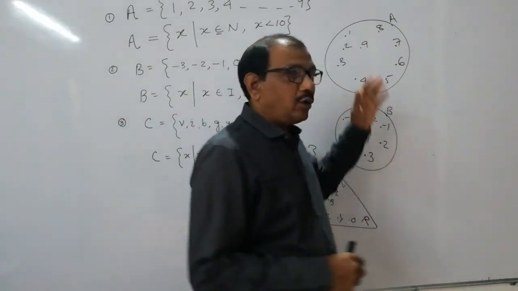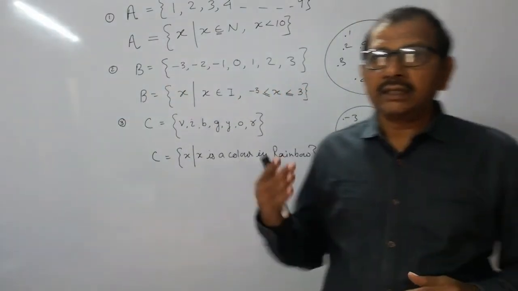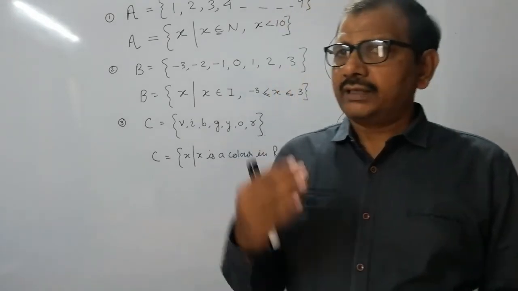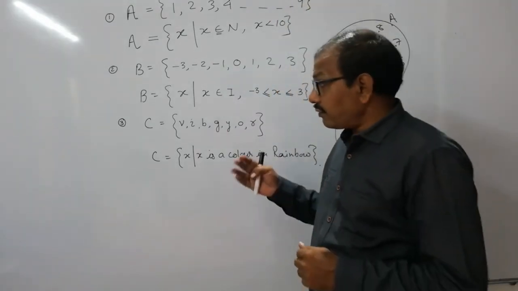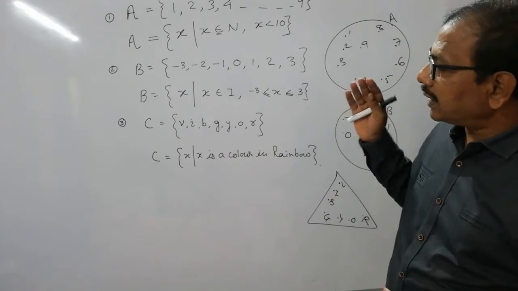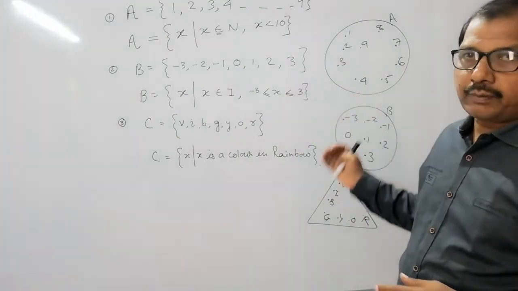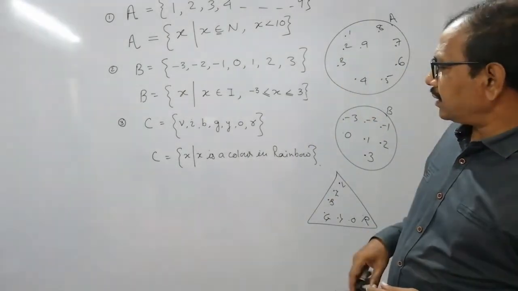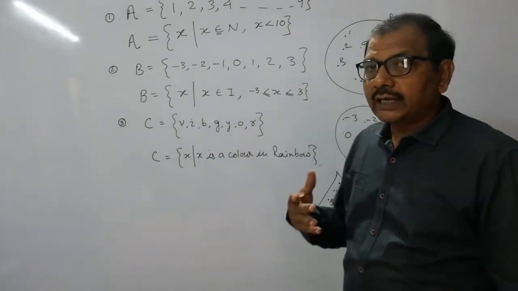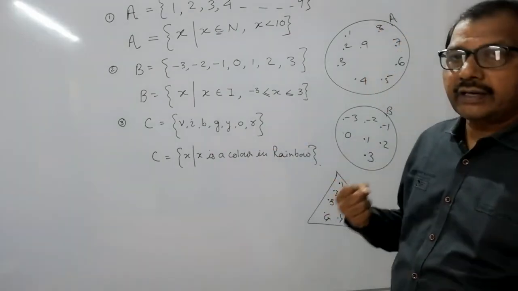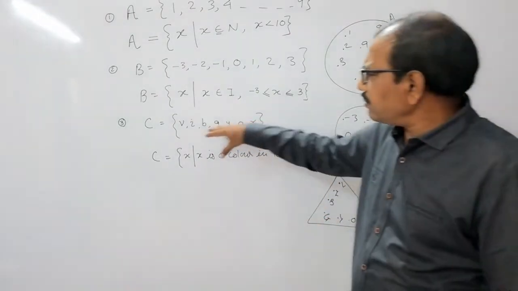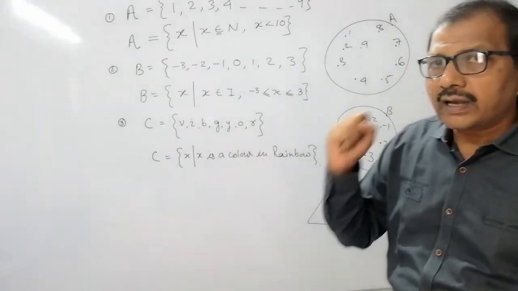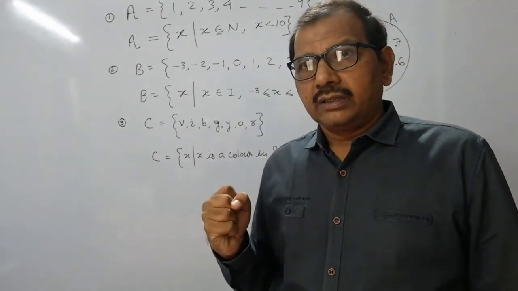So this is how we represent a set, right? Which is different from collection. Set is a collection of well-defined objects, right? I cannot take brown here because we know that brown is not a color in the rainbow. So each and every member of this set is well defined. समझ में आ रहा है?